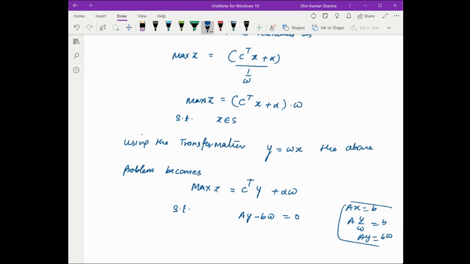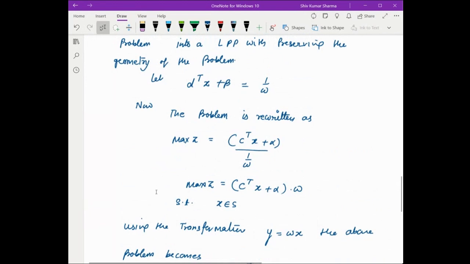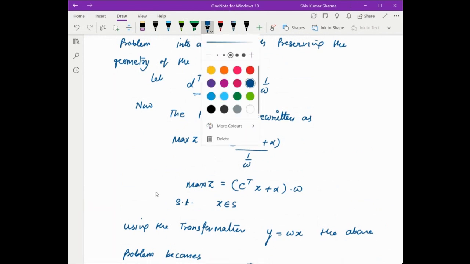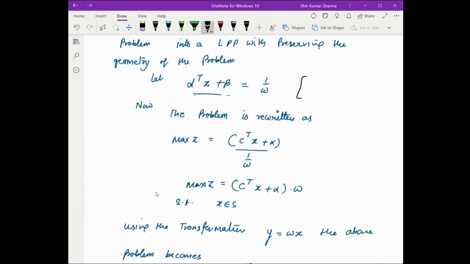And the denominator, d transpose x plus beta, which we wrote as 1 upon omega, we use as a constraint. How to use this as a constraint? We write d transpose x into omega plus beta omega equal to 1.